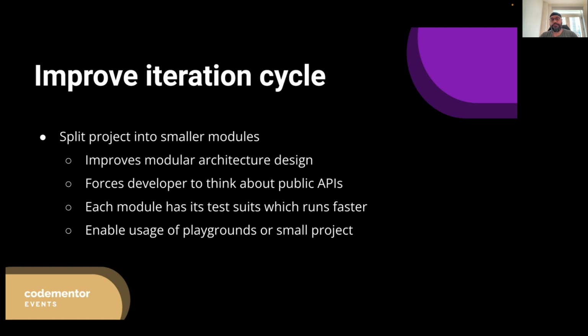Now, each module can be unit tested separately. Every module, when it has its own set of unit tests, can run those unit tests very fast in, let's say, your CI/CD pipeline.